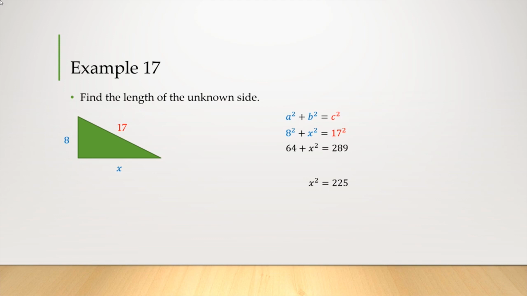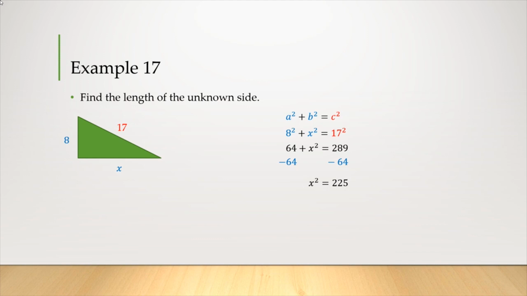Your calculator doesn't solve an equation, so you can use the calculator in the in-between steps. So I need to get rid of 64. So I would subtract 64 from both sides. And I get x squared equals 225.